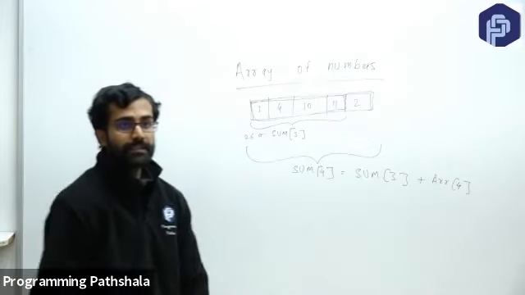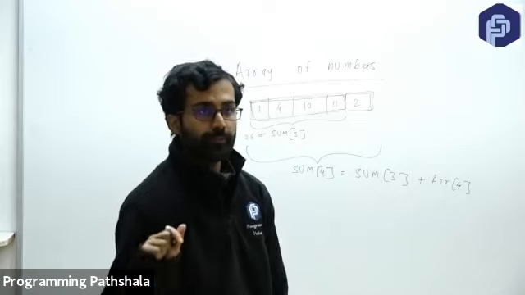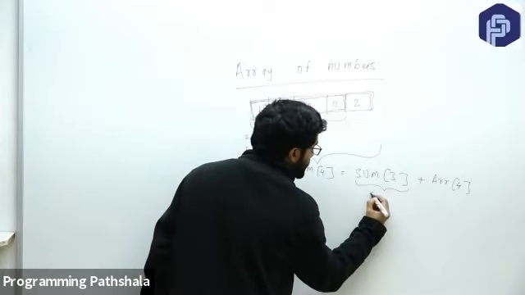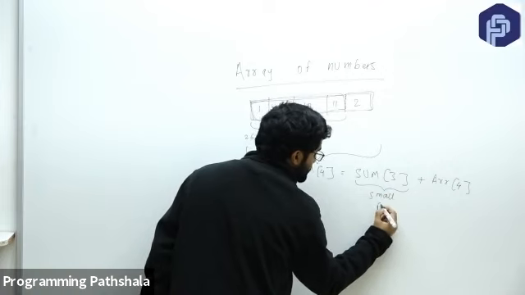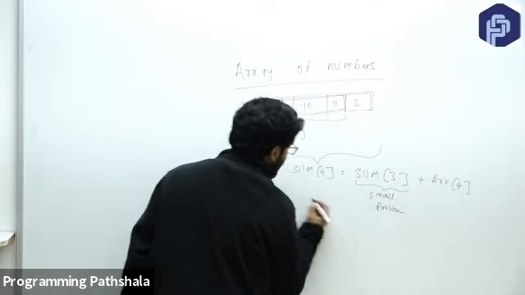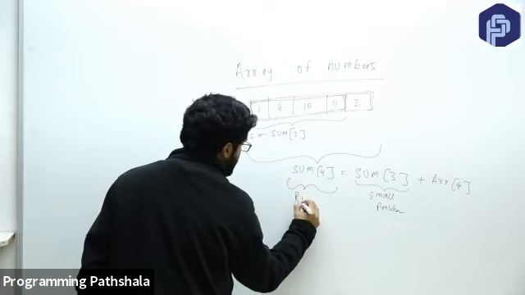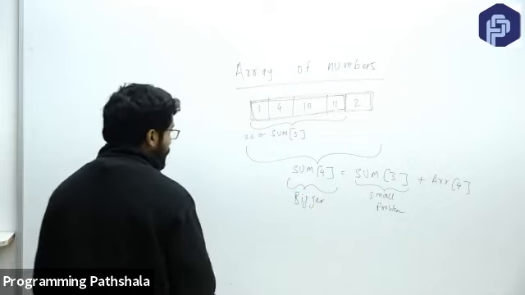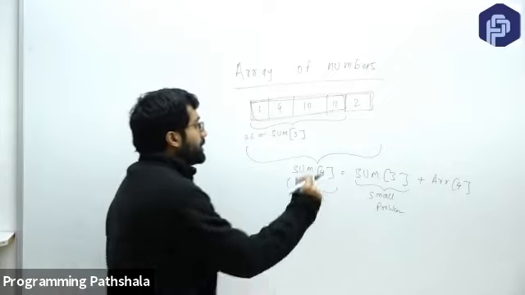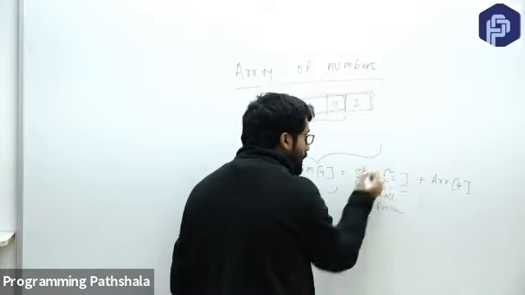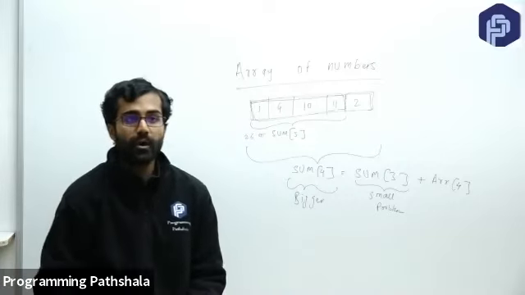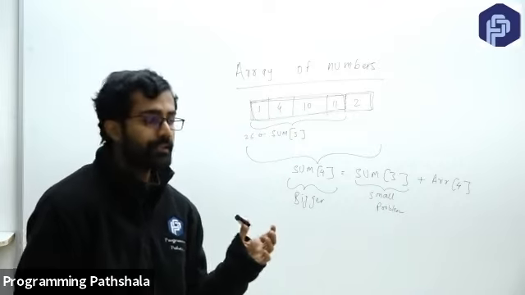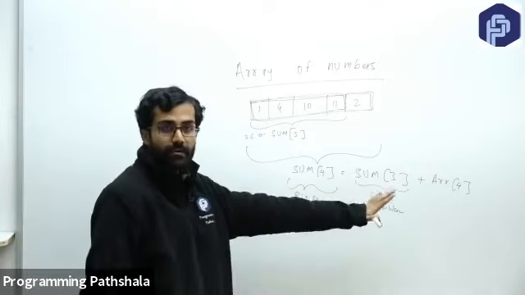The idea that I'm trying to build from here is that this is a small problem and this is a bigger problem. Problems are small and big in terms of the size of input.